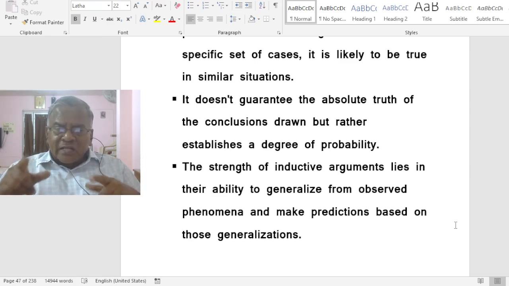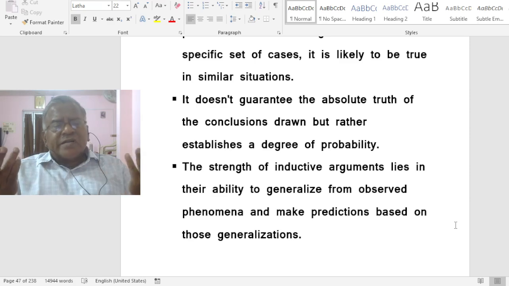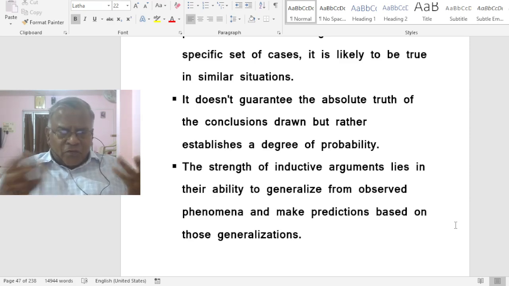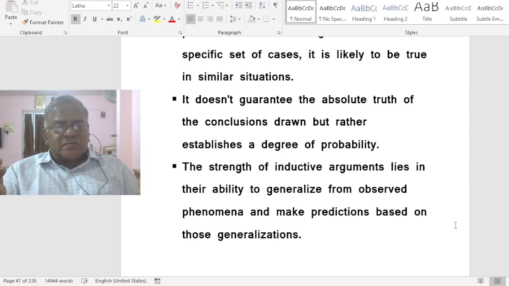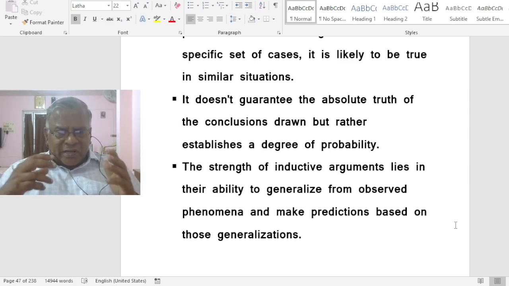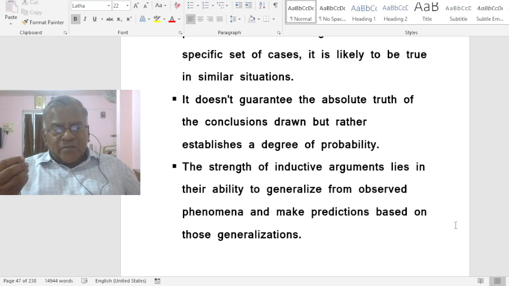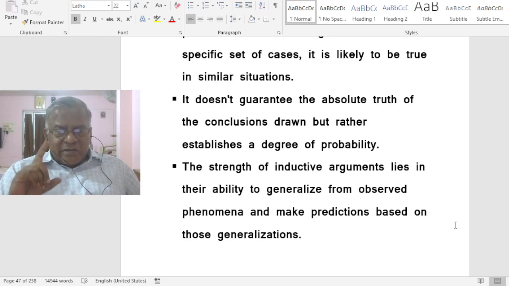From the evidence that the 10 coins you have taken are 2 rupee coins, you conclude the entire bag will have 2 rupee coins. That is out of probability. There is a degree of probability. Probability only, not certainty. You must understand, this inductive argument goes with the probability.